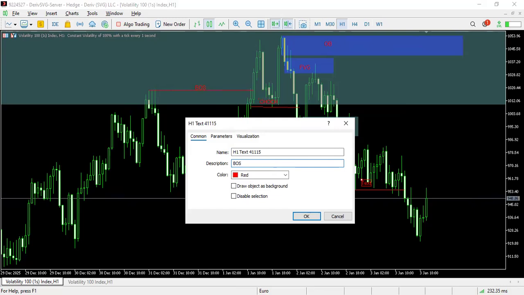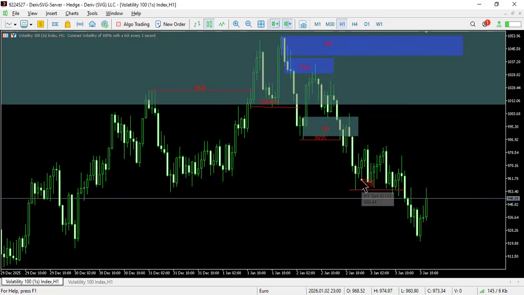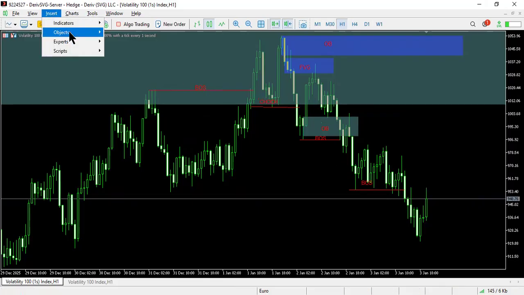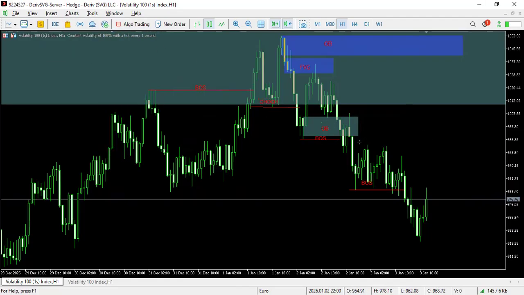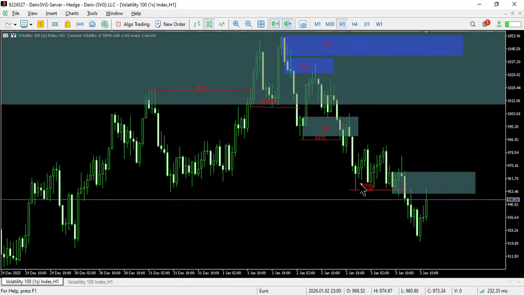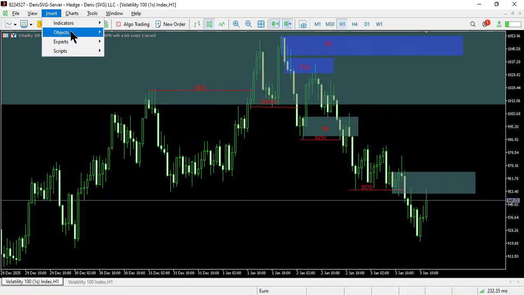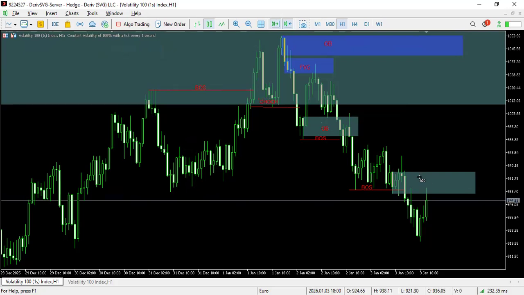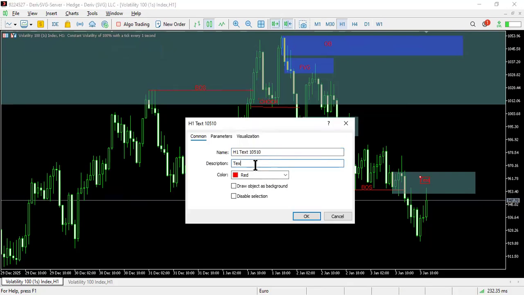And then the order block which caused the break of structure, it is that order block where price has just stepped in. So for this one, price is already at the order block.